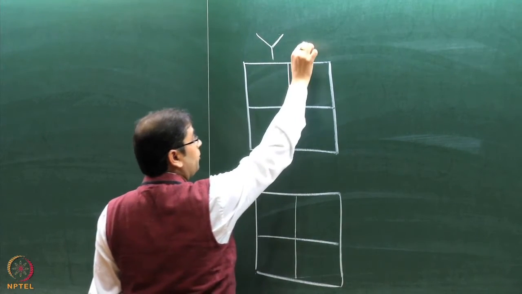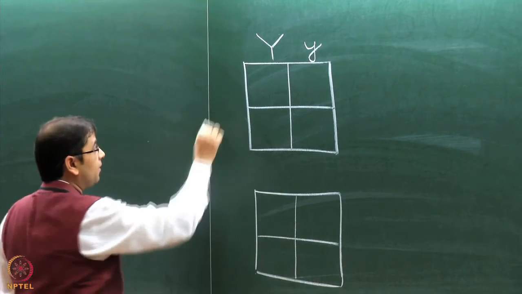So let's take two properties, let's say seed shape and seed color.